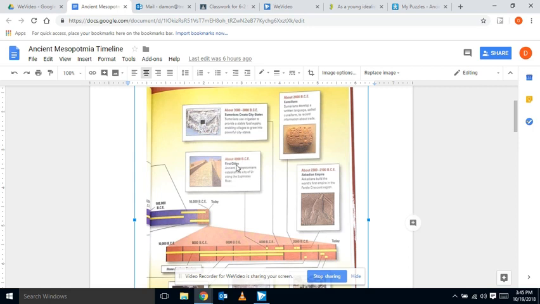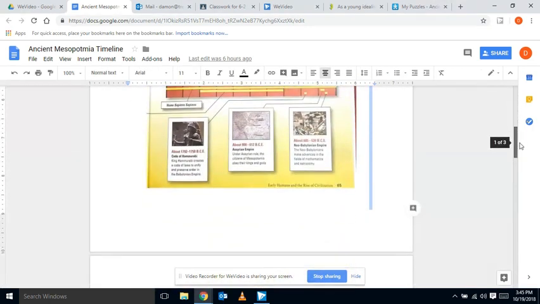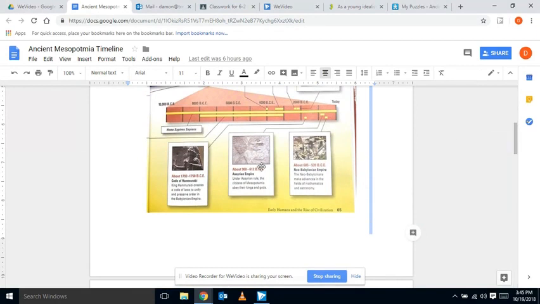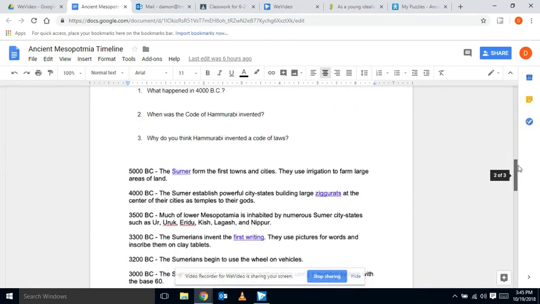It's going to tell you the year and give you a little bit about it. Also, make sure that you look down, and you're going to see that there's a bottom to it as well. So make sure you pay attention to everything, because they all give you different dates, different pictures of the event, and different explanations. And then you go and answer the questions related to that timeline.